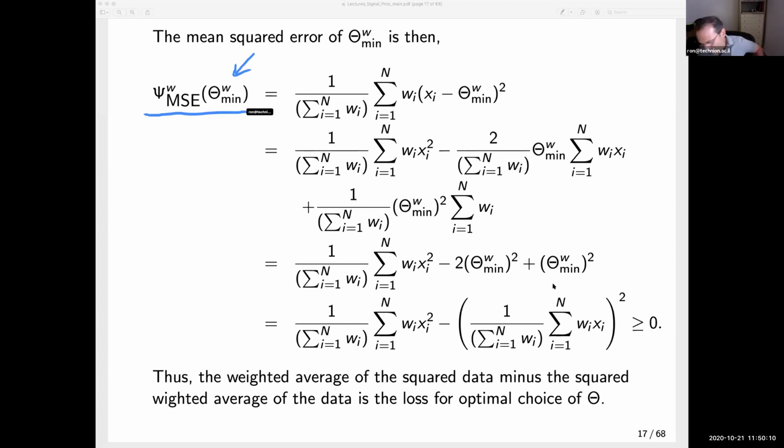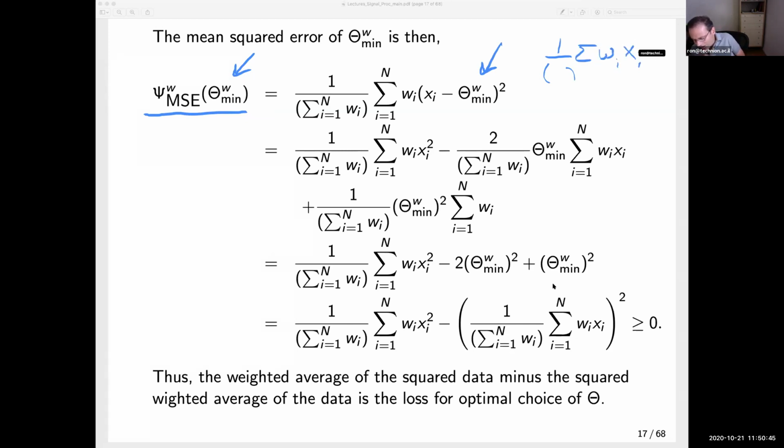So again, exactly as before, instead of theta here, I'm applying the weighted optimal theta, which is nothing but 1 over the sum of all the weights times the weighted xi.